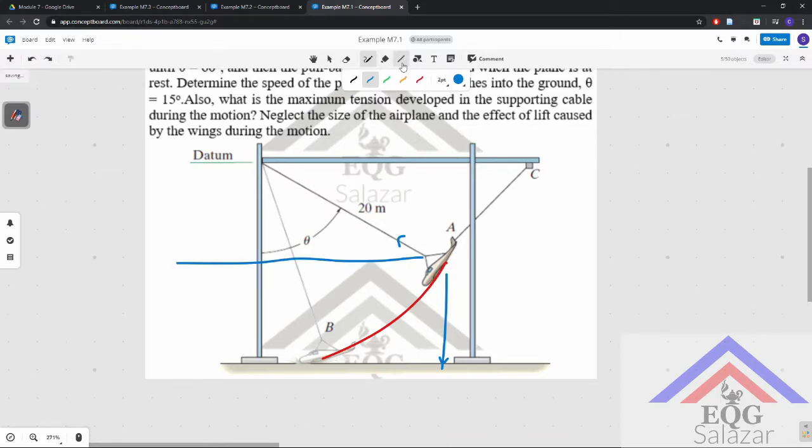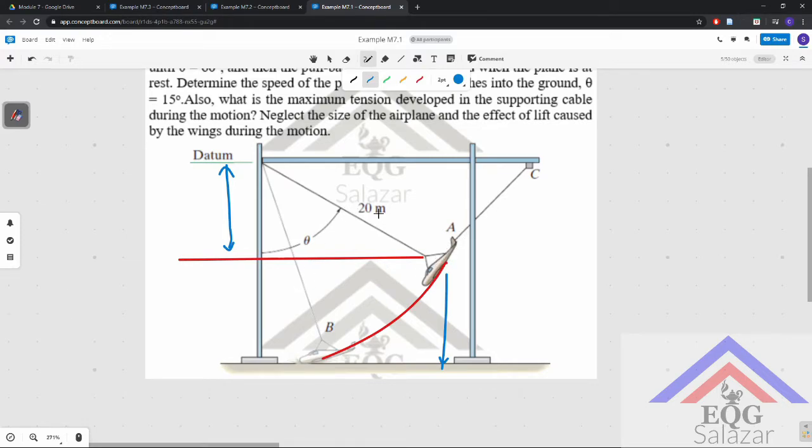Let me just draw a straight line. This is supposed to be 20 as well. This whole thing is supposed to be 20. So 20 cosine 60 is the distance from the datum to the point of the plane, or point A rather.